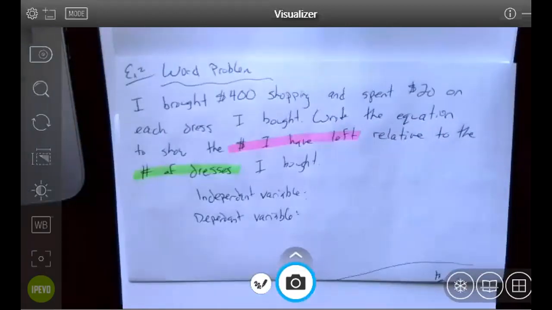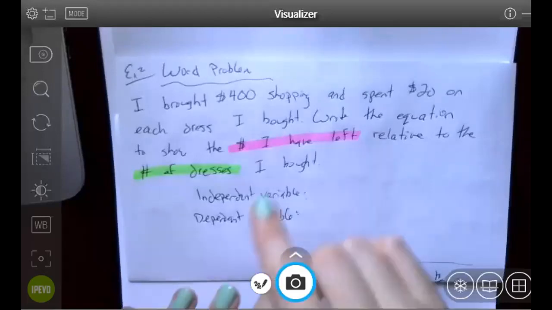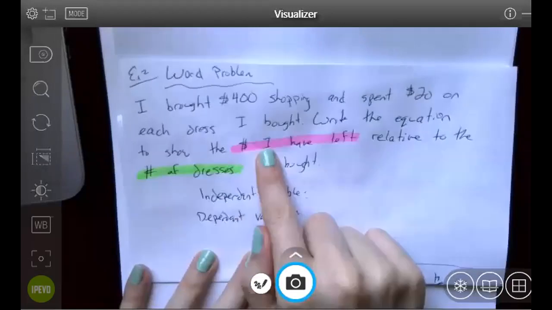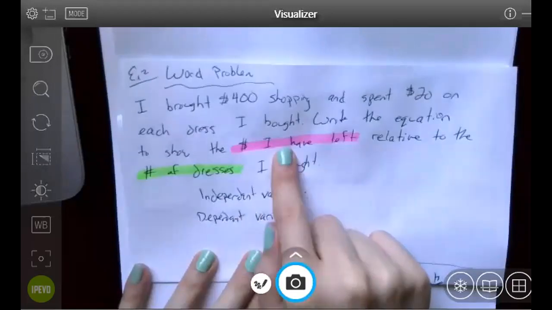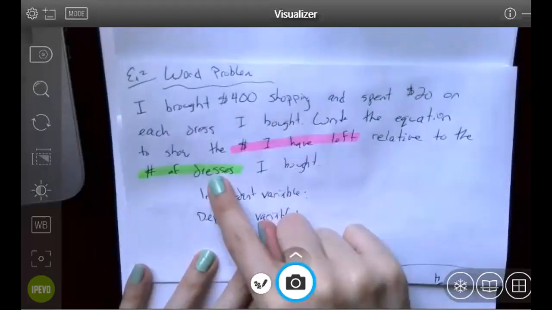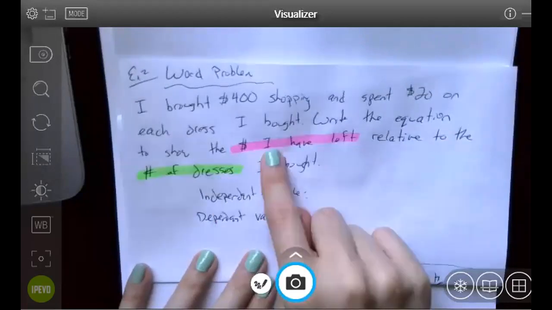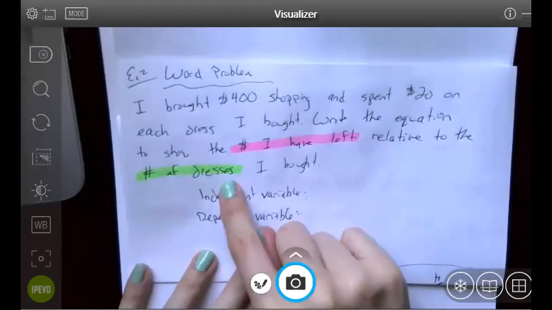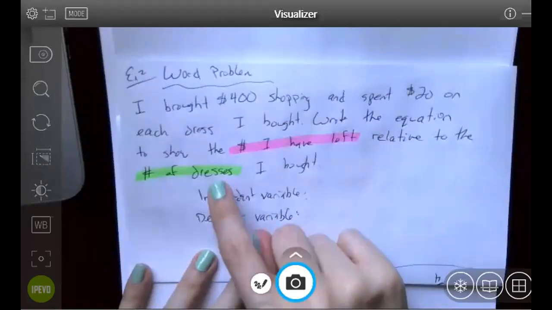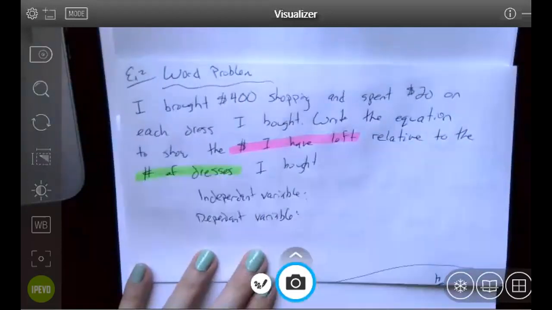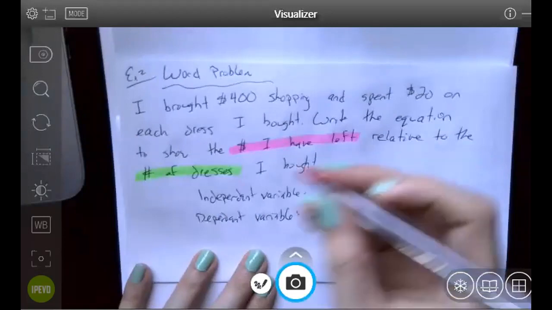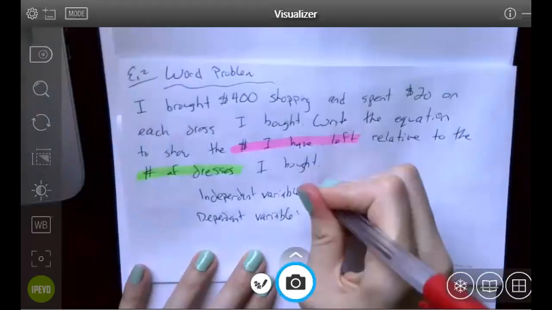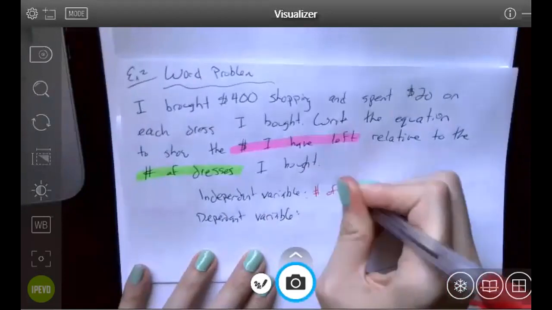So you have to figure out which one of these depends on the other one. Well, the amount of money I have left depends on how many dresses I buy. The more dresses I buy, the less money I'm going to have left. So knowing that, my independent variable is going to be the number of dresses.